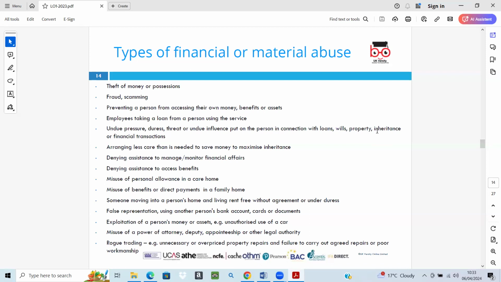So we have those types of case studies. It is very important as a carer, nurse, or anyone involved in the health or social care industry that we are able to recognize the types of financial or material abuse.